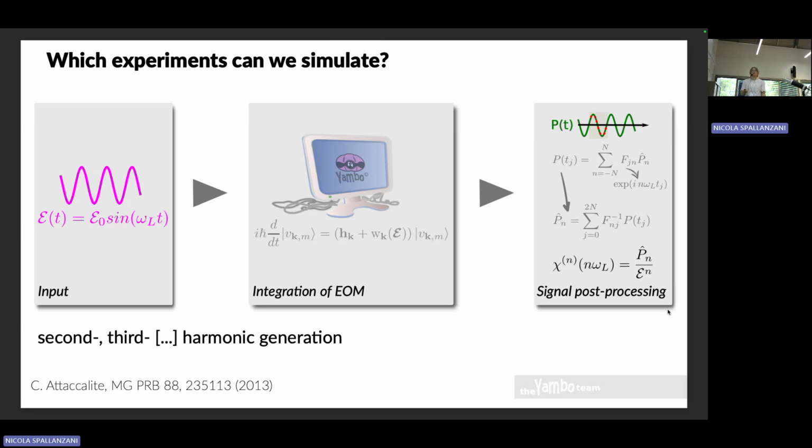Then you can also do different experiments, like second or third harmonic generation, which was introduced by Eleonora. What you do is take a monochromatic field, again you integrate, and then the polarization will look very much monochromatic, but actually it has very small contributions from all harmonics.